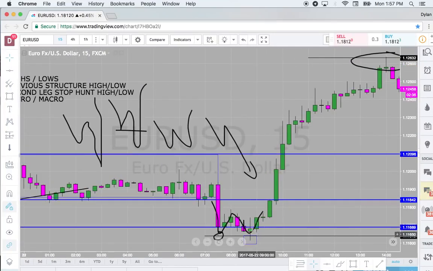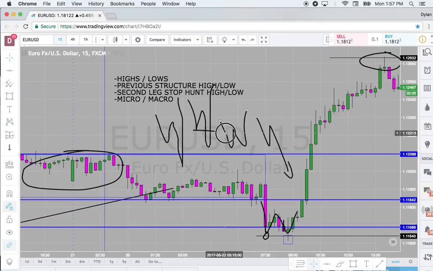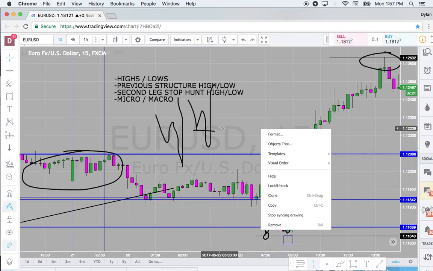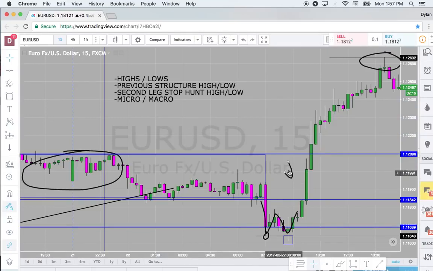How many of you would have sold here knowing all this had occurred, using your previous market knowledge? These are the old days, you guys. Welcome to the new era of information.